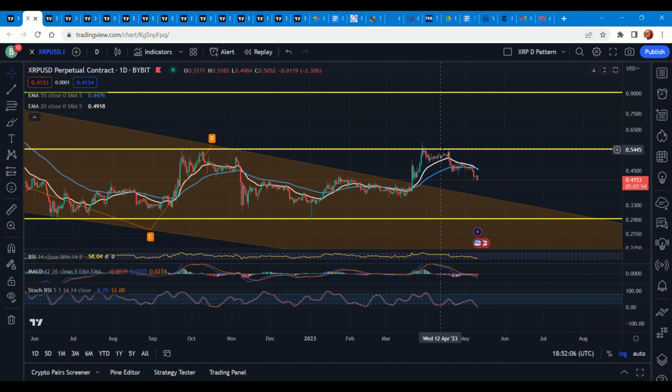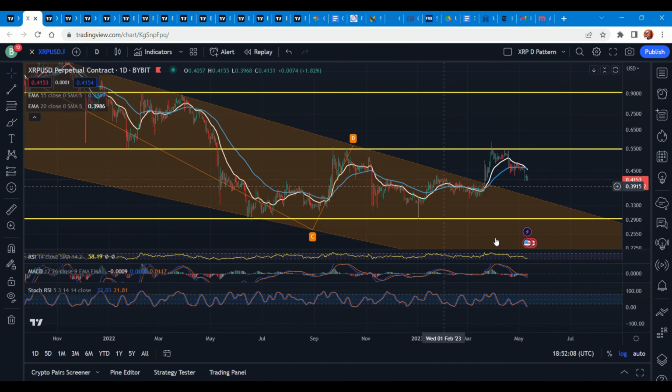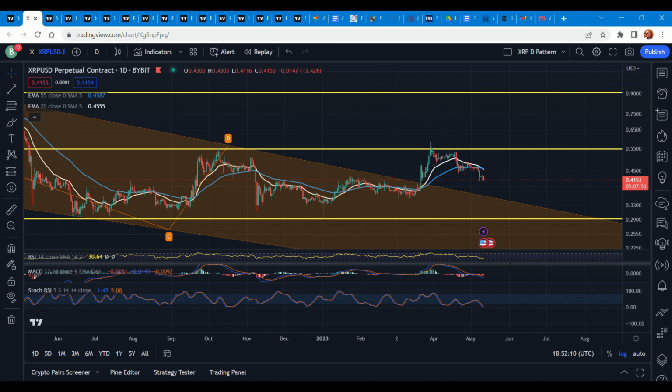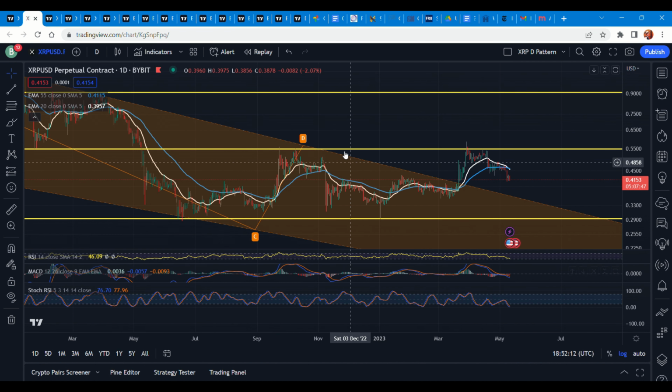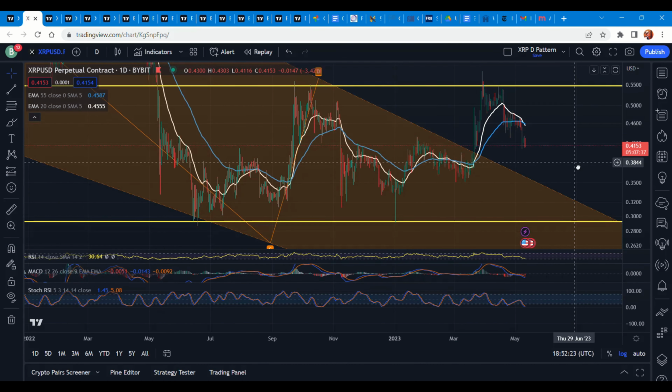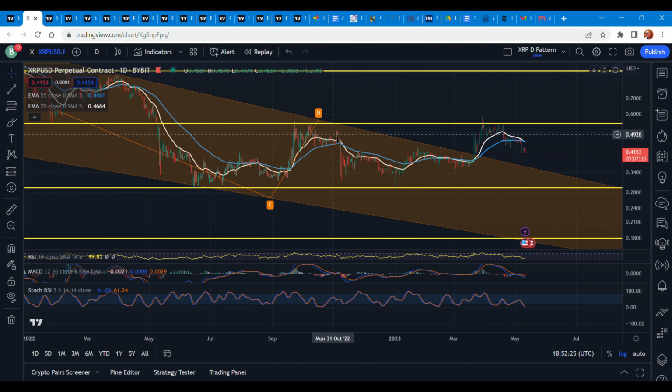So the 4-hour is that middleman that completes the swing up and then completes the swing down. But the daily time frame is the initiator of that move. So the 4-hour will not finish until the daily time frame has finished that correction. So the 4-hour will not finish its correction until the daily time frame has reset.